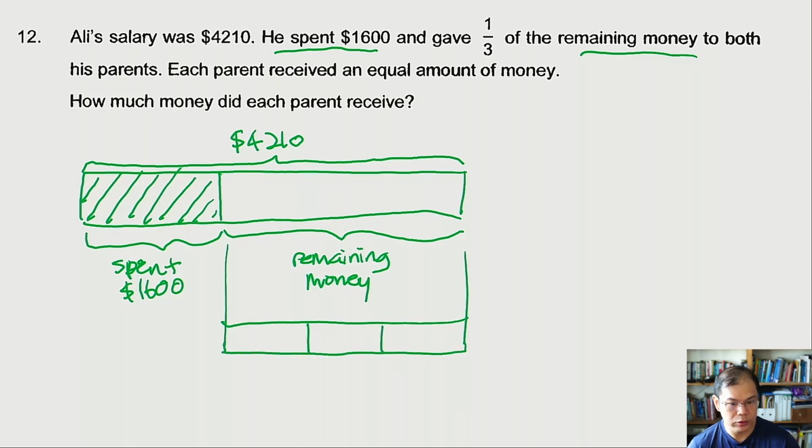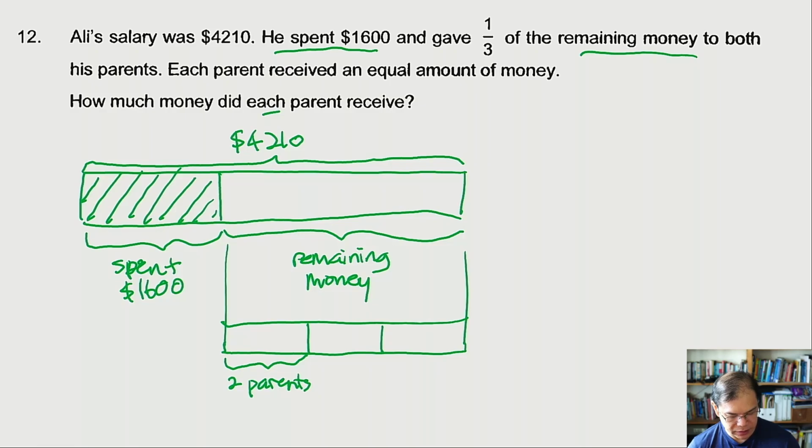I like to do pull down. Some of you would want to draw it directly in, that is okay. And to both his parents, this one goes to 2 parents, right? How much did each parent receive? Cool, so let's find out.